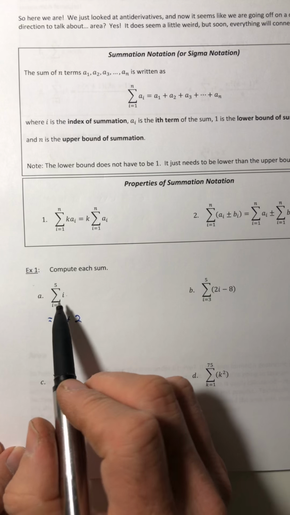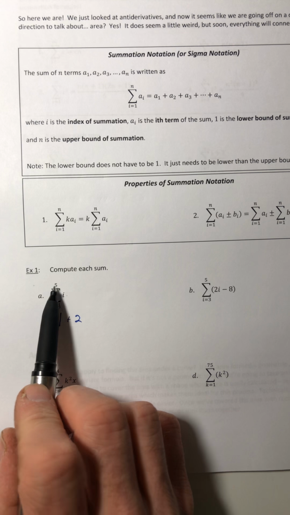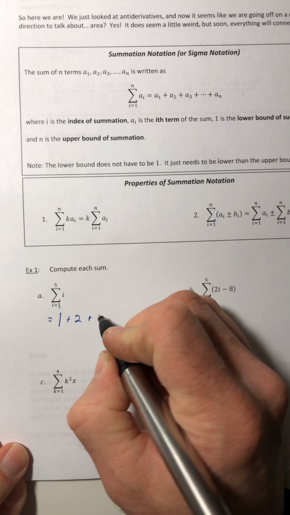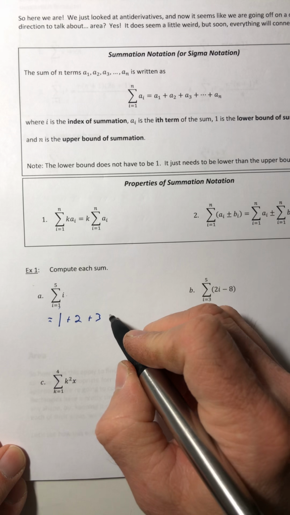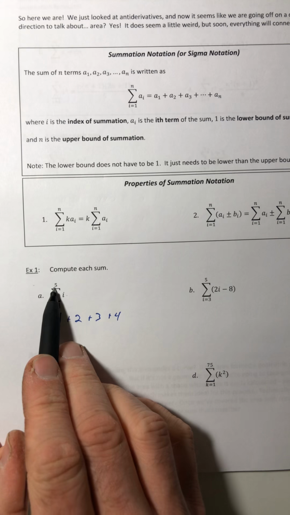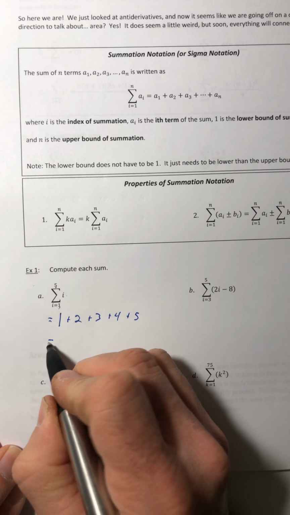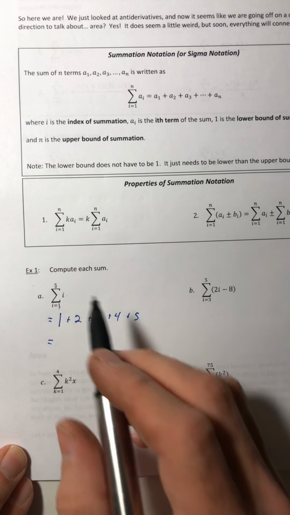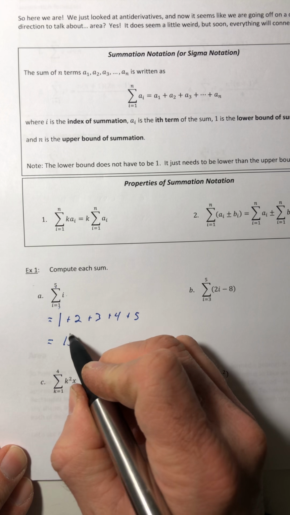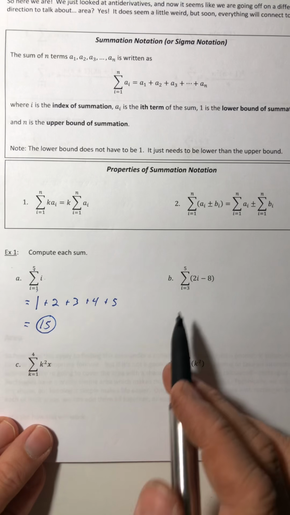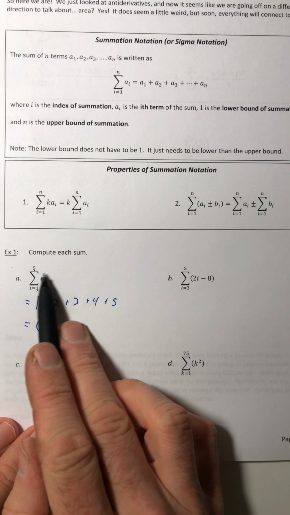You keep doing that until you get to this number up here, which is your stopping number. So plug in 3, plug in 4, and then plug in 5, and 5 is the last one to get plugged in. Then just add everything up. So 15.